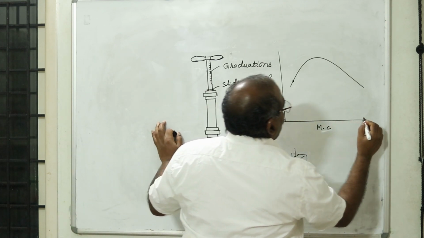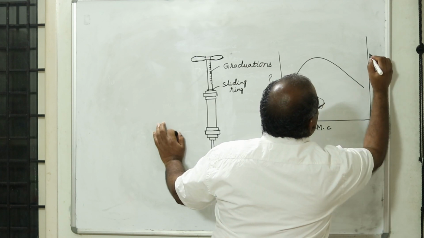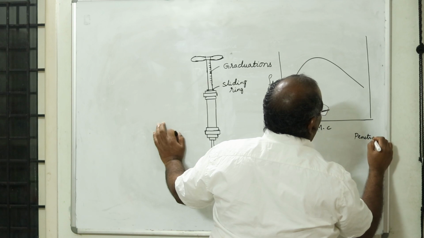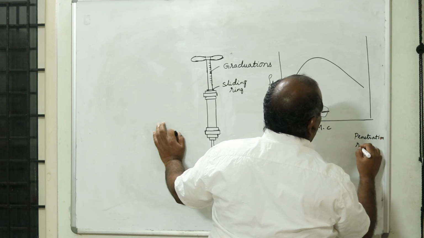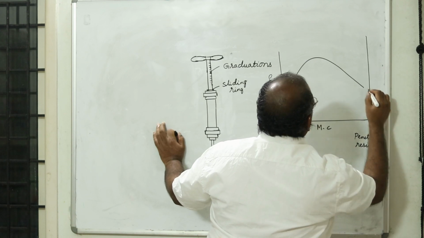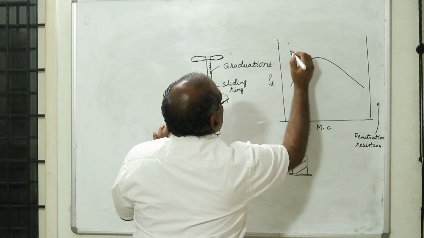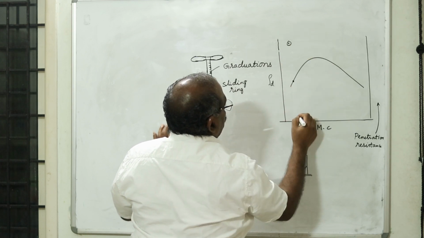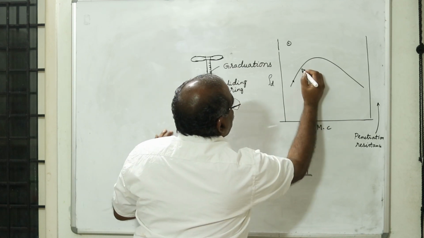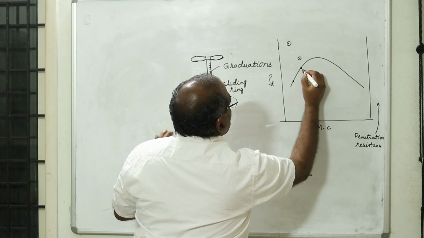Then on the same graph I can take another scale of penetration resistance. This is penetration resistance on the y-axis. For the first trial, I get my penetration resistance. So this is the penetration resistance for the corresponding water content. Now I continue the similar process of doing the compaction and getting my second trial. I get for the second trial my penetration resistance.